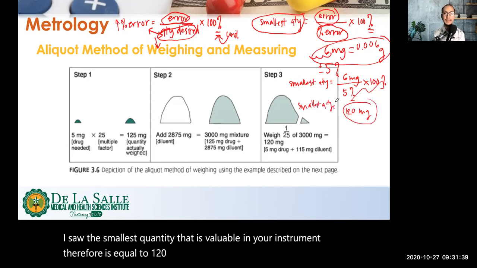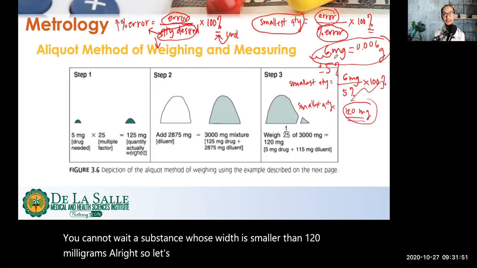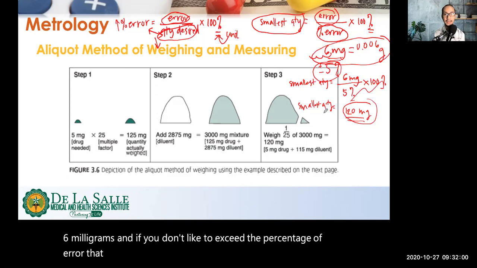What does it mean? You cannot weigh a substance whose weight is smaller than 120 milligrams. Let's say the maximum potential error is 6 milligrams, and you don't want to exceed a percentage of error of 5%.